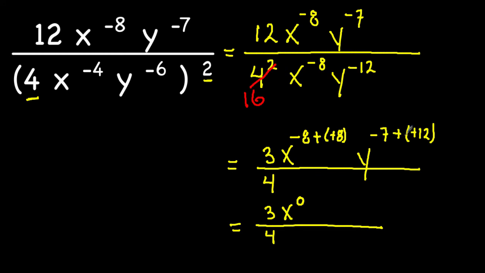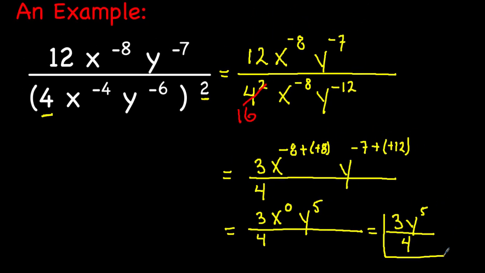So negative 7 plus 12 is equal to 5. So we have y to the 5th. And we can carry it one more step. In the numerator, we have 3 times x to the 0 is 1 times y to the 5th. In the denominator, we have 4. So this is the simplest form of the expression.